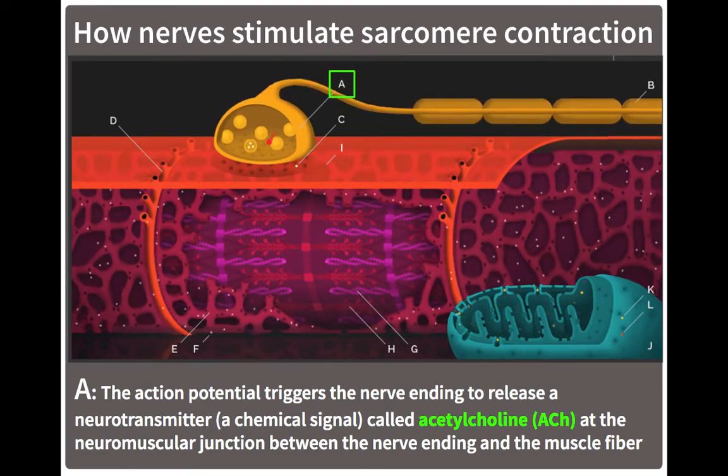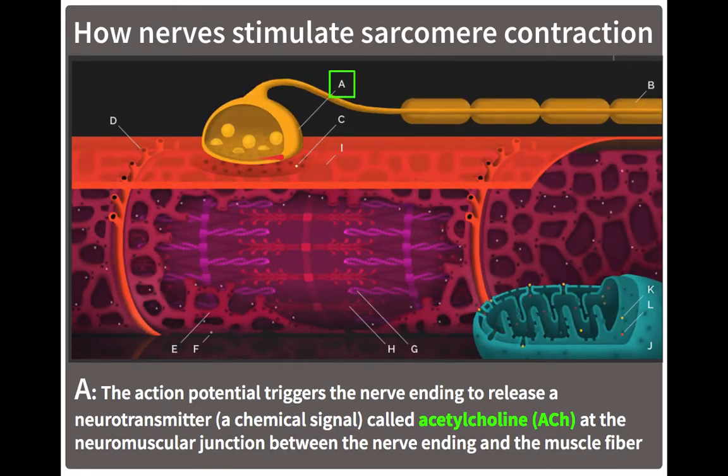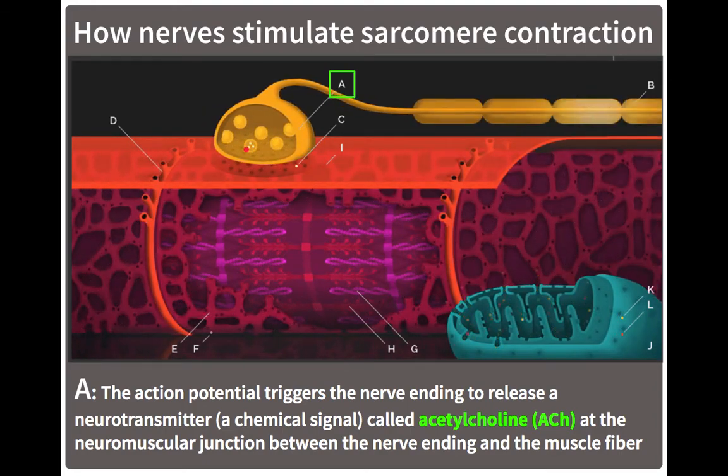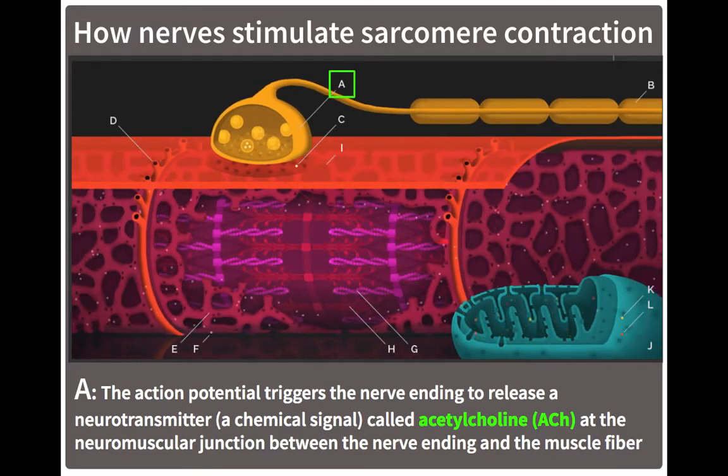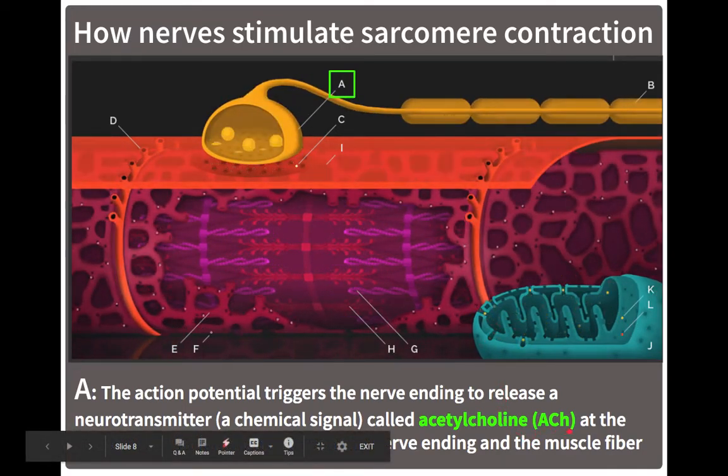we're at the nerve ending, and the nerve ending right here, this axon terminal, is going to release these little yellow dots, these little yellow chemicals called acetylcholine. And we abbreviate that with the letters A, C, H, capital A, capital C, lowercase h.